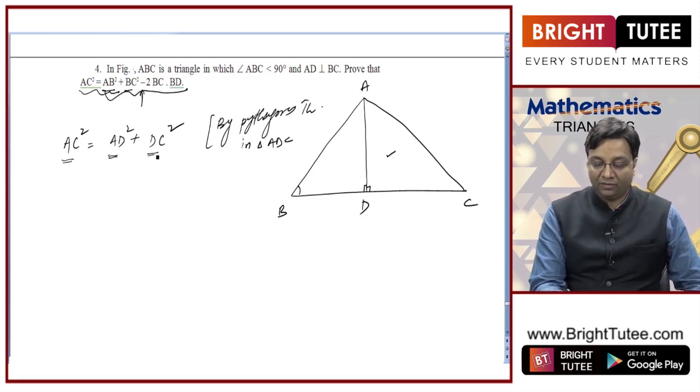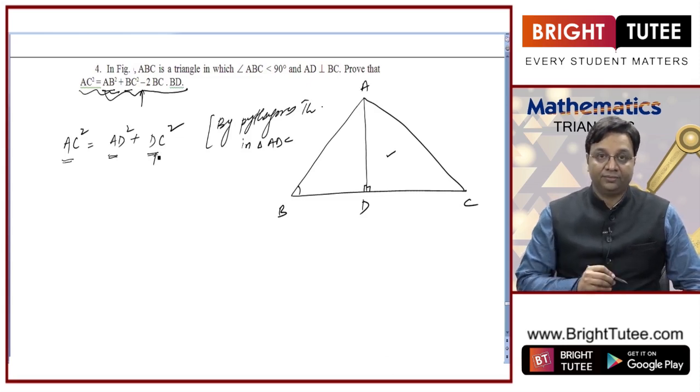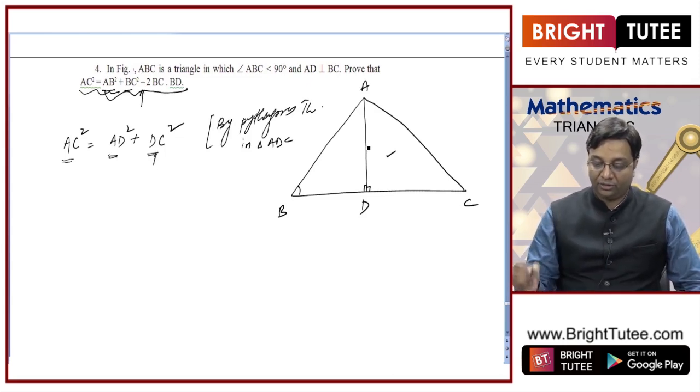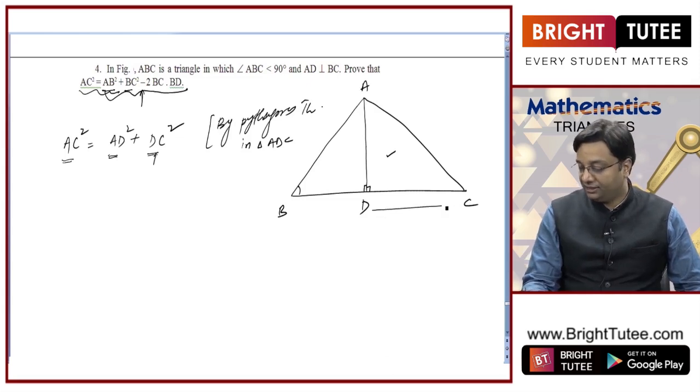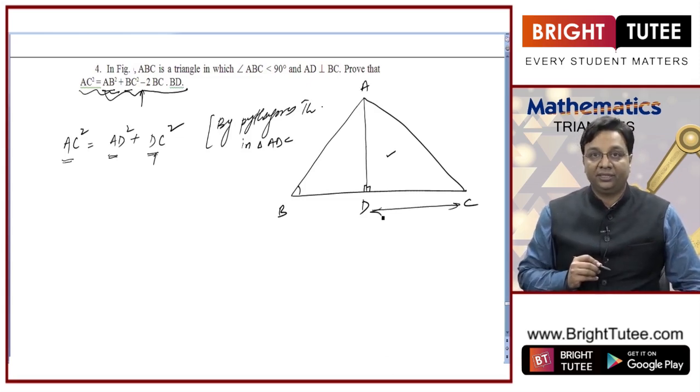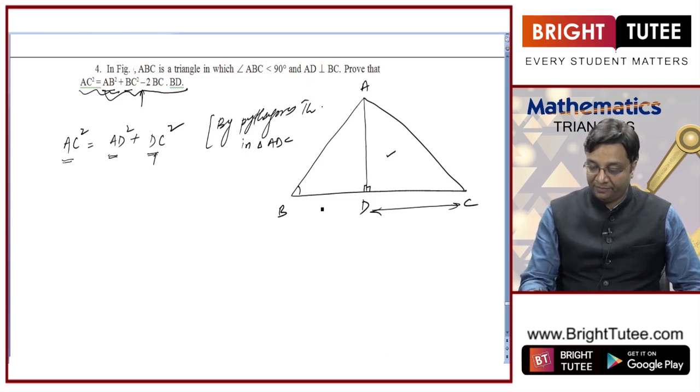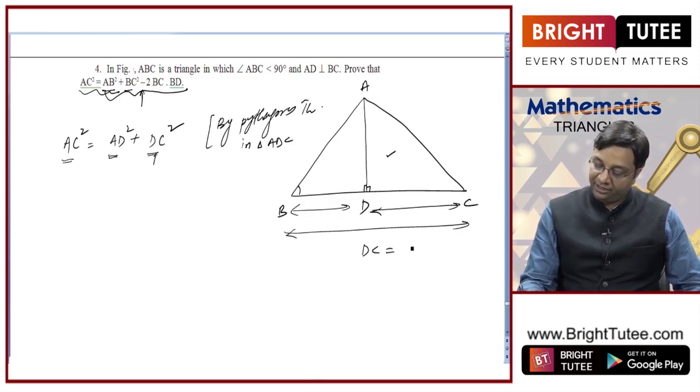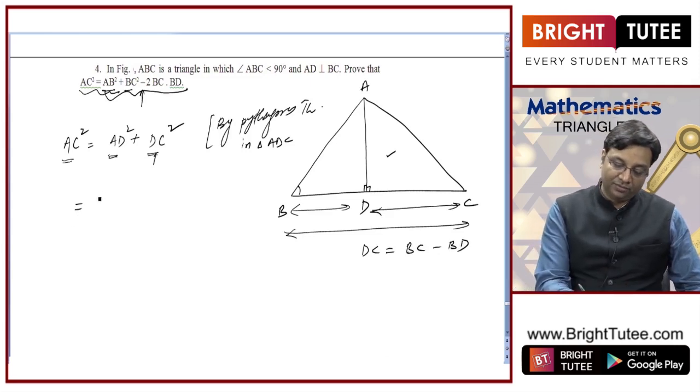Now AC square is equal to AD square plus DC square. So if you look at this expression, I do not require DC square, although I don't require AD square also, but let me first manipulate this DC, because I can do it easily. Why? Because DC is nothing but BC minus BD. DC is nothing but BC minus BD.